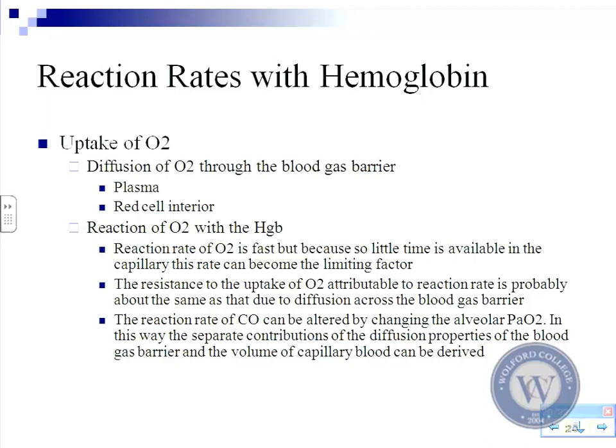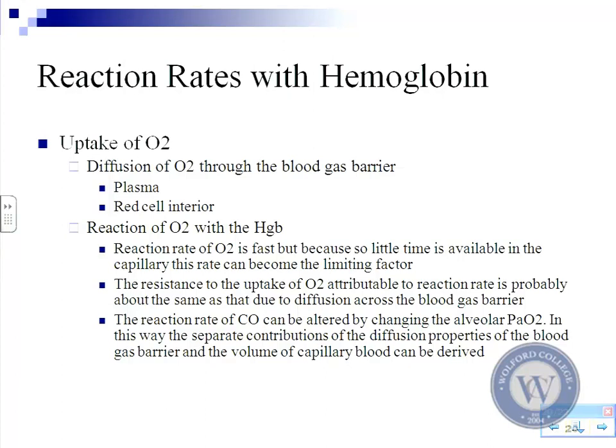Resistance to the uptake of oxygen attributable to reaction rates is probably about the same as that due to diffusion across the blood gas barrier. So you're looking at about a 50-50 combination. And then the reaction rate of carbon monoxide can be altered by changing the alveolar PaO2. And in this way, you can separate the contributions of diffusion properties of the blood gas barrier, and the volume of the actual capillary blood can be derived.